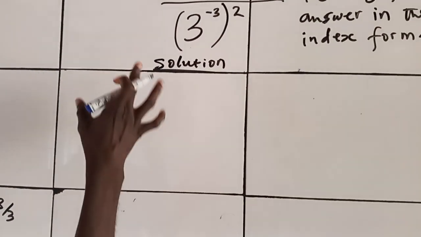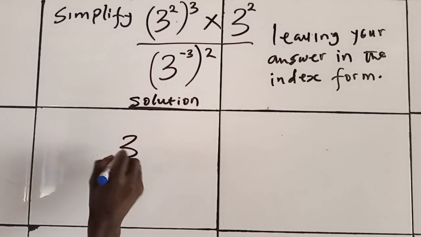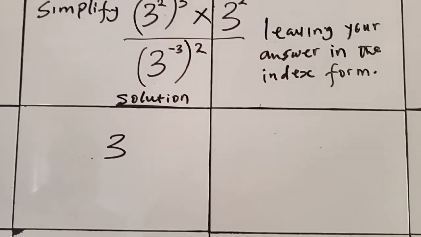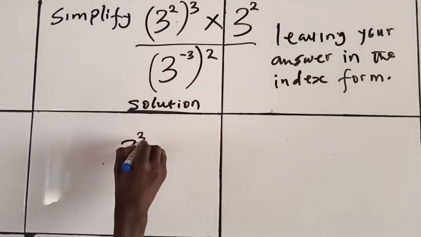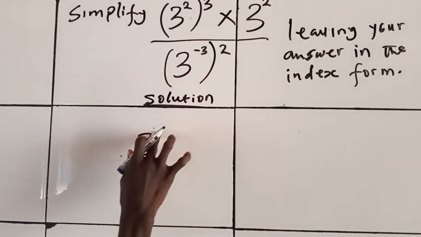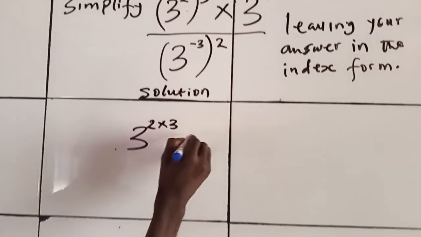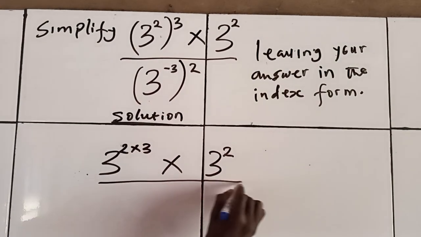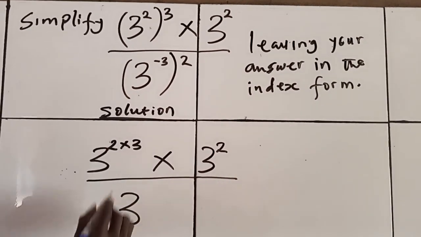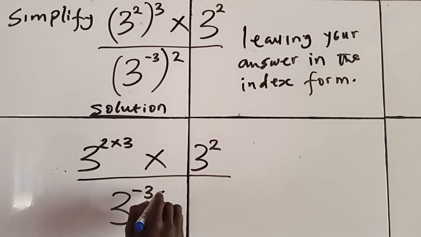From one of the laws, we are meant to understand that if you have 3 being the base, the power that is outside the bracket will multiply the power that is inside the bracket. So this is going to be 3, it is multiplication. 2 times 3 multiplied by 3 raised to the power of 2 all over 3 raised to the power of minus 3 times 2.